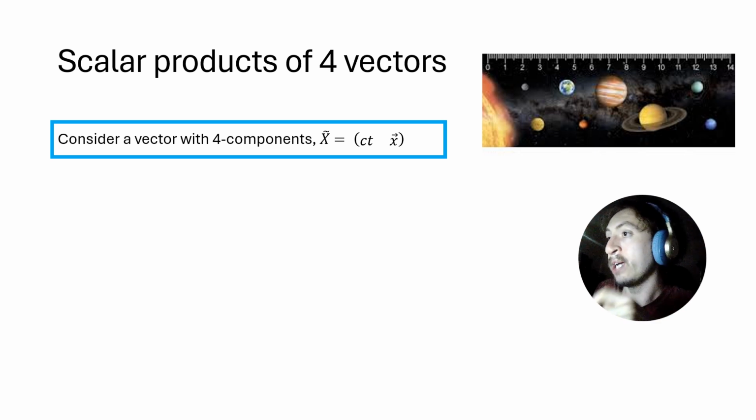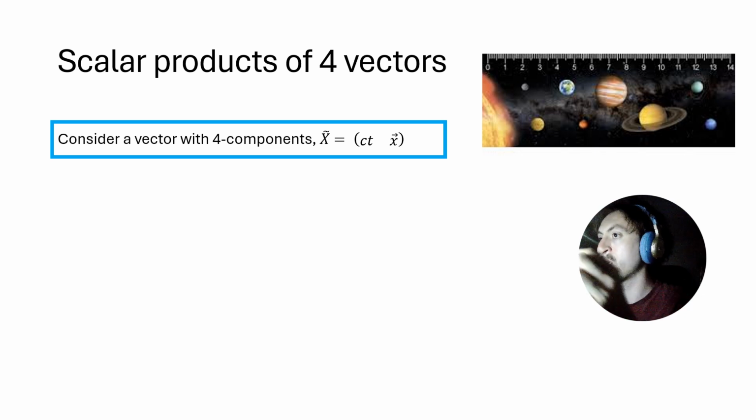Now, x with an arrow over it is a vector which lives in 3-dimensional physical space, because it's the vector describing distances in physical space, and so I use an arrow over the x to indicate that this component x is itself a vector.